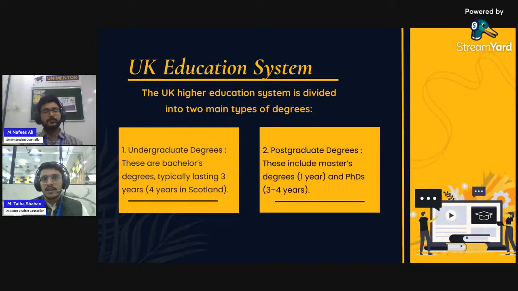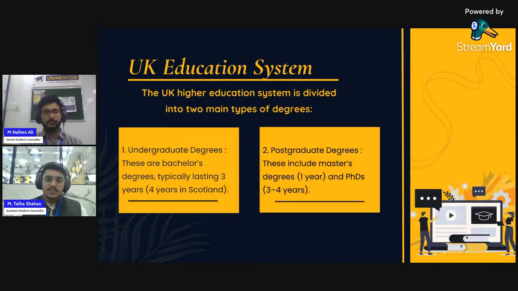In the whole UK, this degree consists of 3 years, but in Scotland, one of the countries in the UK, this degree comprises 4 years. Now, the postgraduate degree comprises mainly two categories: master's degrees and PhDs. There are also subcategories of masters in taught programs and masters in research programs.